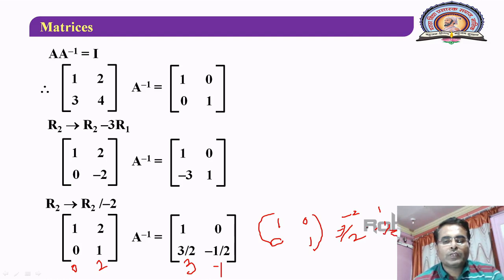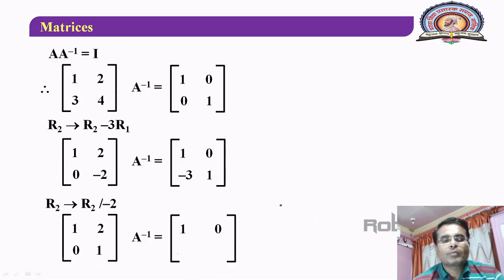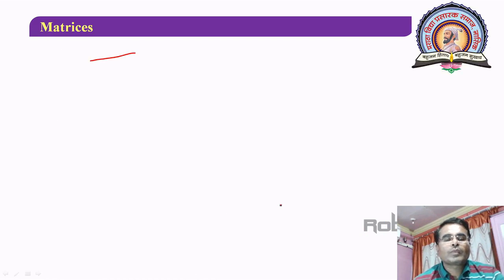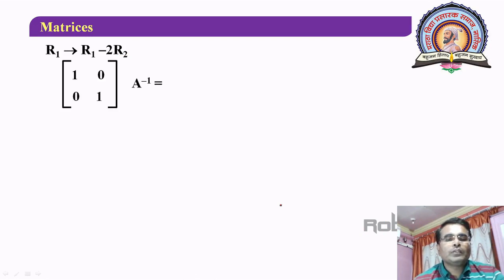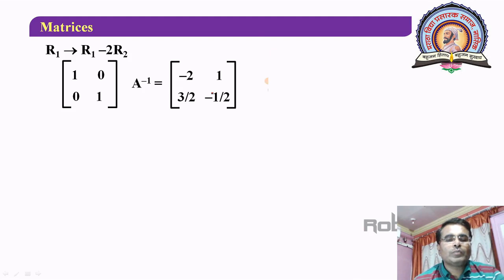So this is your right hand side. So that is represented here in the next table. See here, with that you will get 1 0 0 1 into A inverse, and that is equal to minus 2 1, and here 3 by 2 minus 1 by 2 as it is.